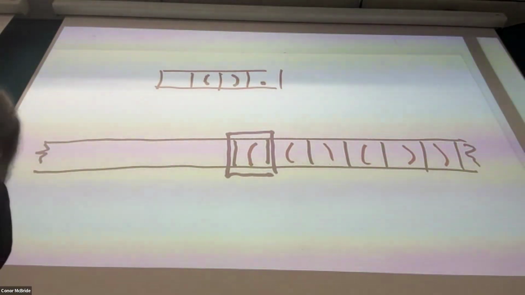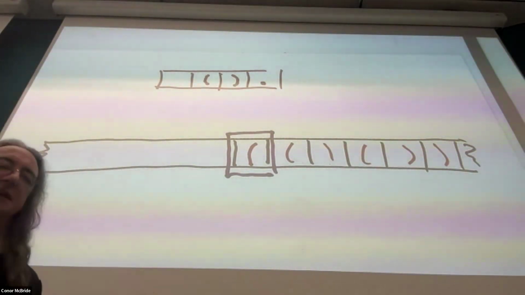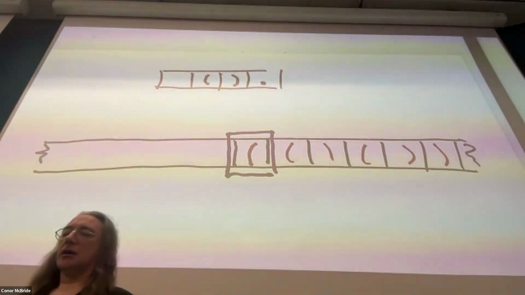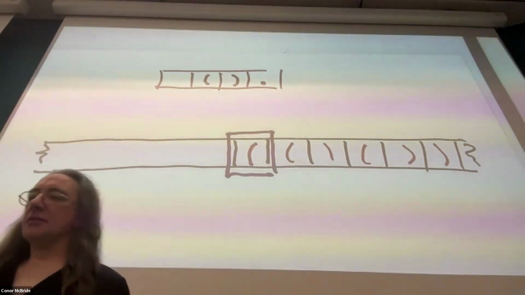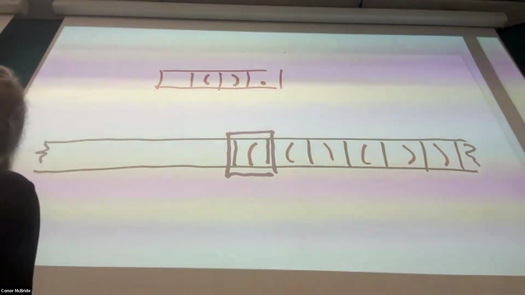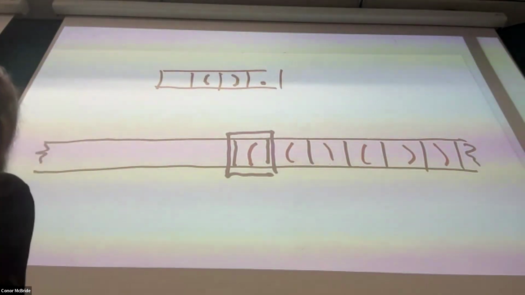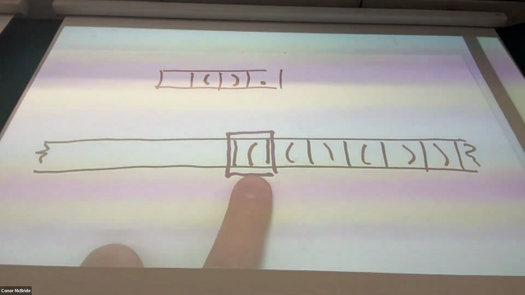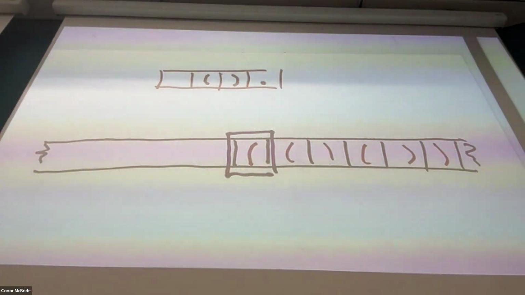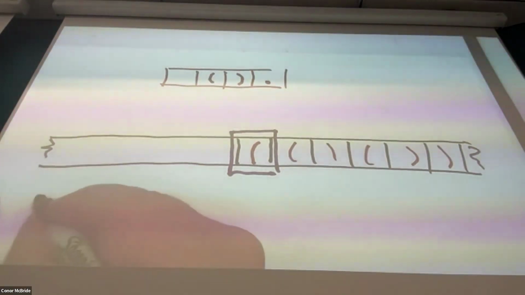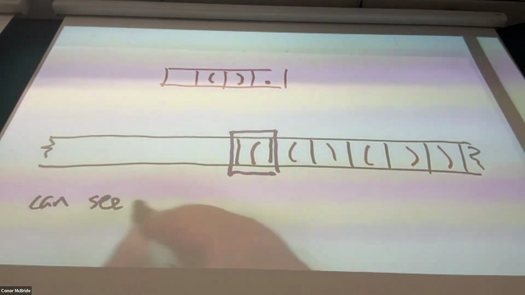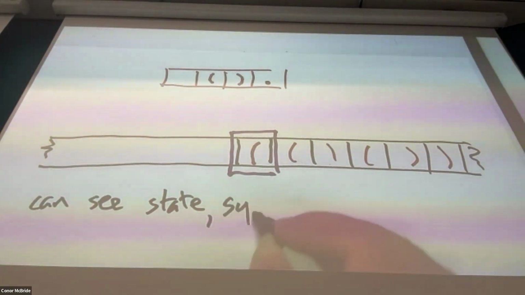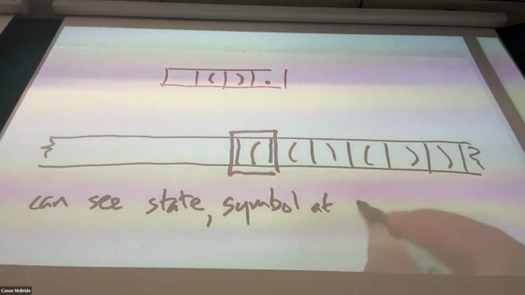I mean, we could kind of go on a wander. I mean, okay, I haven't said something important. Rules of the game. The information at any given time that the Turing machine has are the current control state it's in and the symbol it can see through the tape head. So it can see state and symbol at tape head.